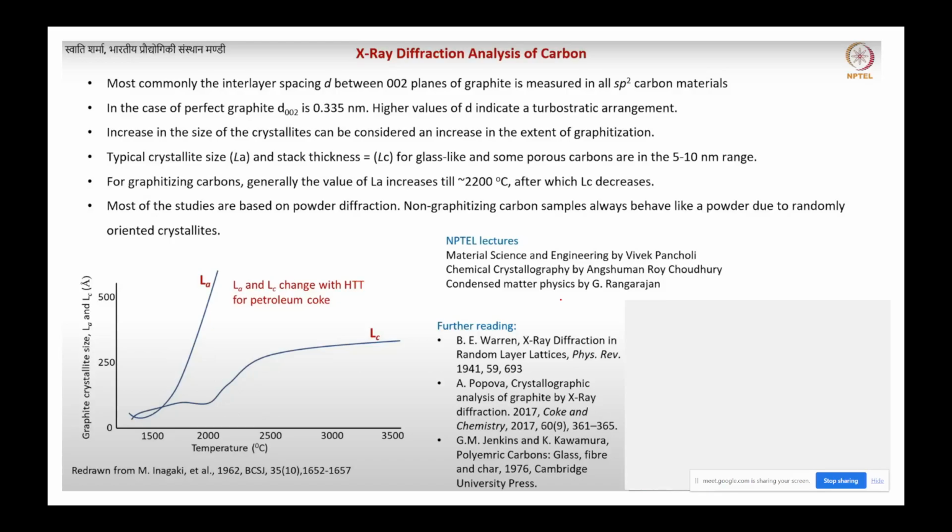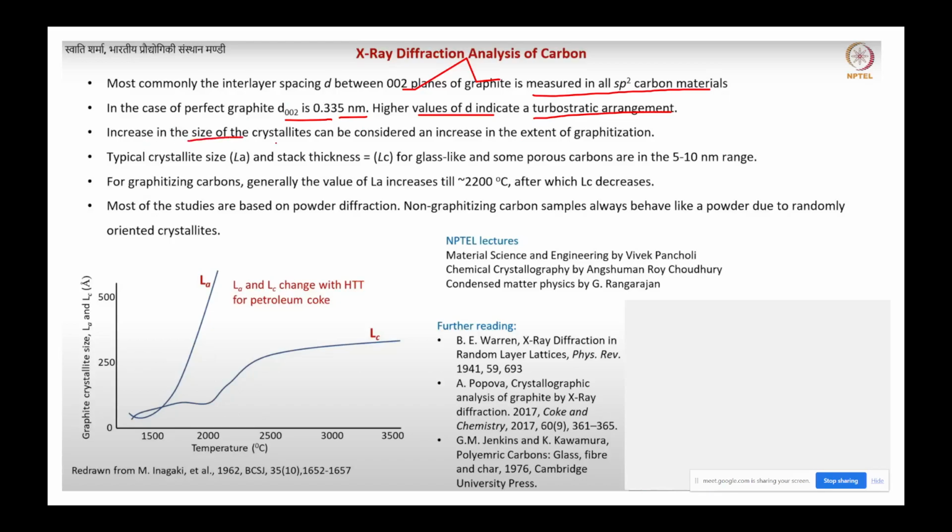Most commonly, the interlayer spacing d between the 002 planes of graphite is measured in all sp2 carbon materials. In perfect graphite, the interlayer spacing is 0.335 nanometer. A higher value indicates a turbostatic arrangement, which I explained in the last lecture.